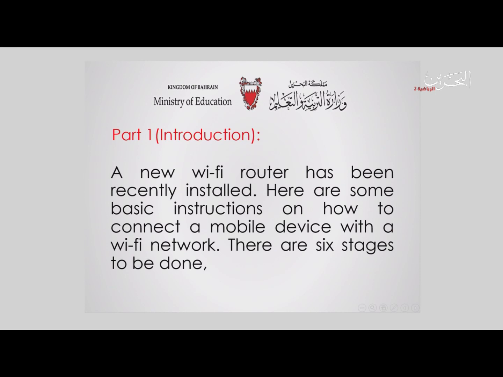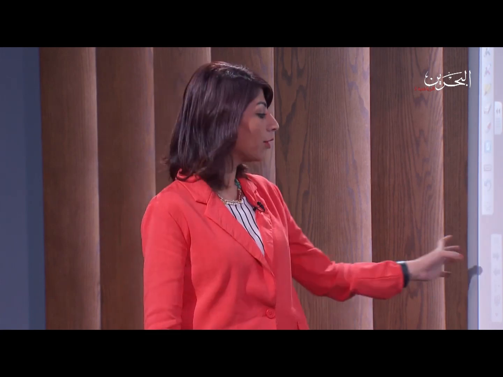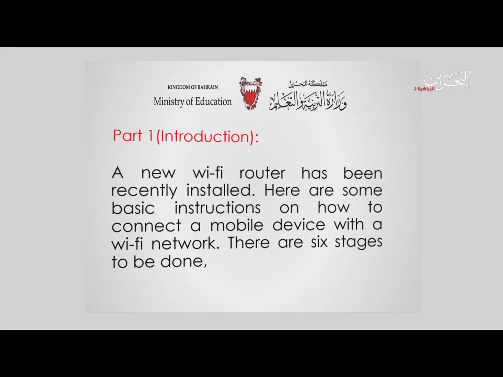Here are some basic instructions on how to connect a mobile device with a Wi-Fi network. There are 6 stages to be done. So, as I have already mentioned, we have to give a very brief introduction about the process that you are going to write about, as well as mentioning how many stages I am going to follow in order to have this process or procedure done.